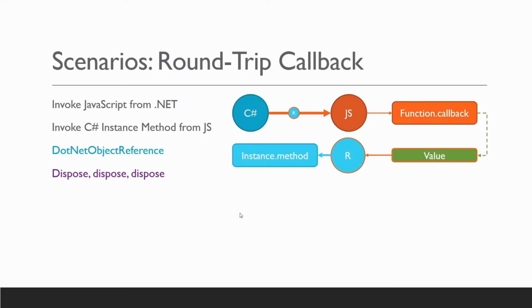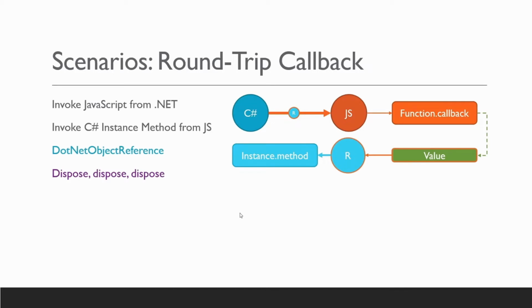We can also do a round trip type of method call and expect a callback to happen. So this is a little bit more of an advanced scenario, and I'll give you a really solid example of this when we're done discussing what a callback looks like in our Blazor applications using the interop.